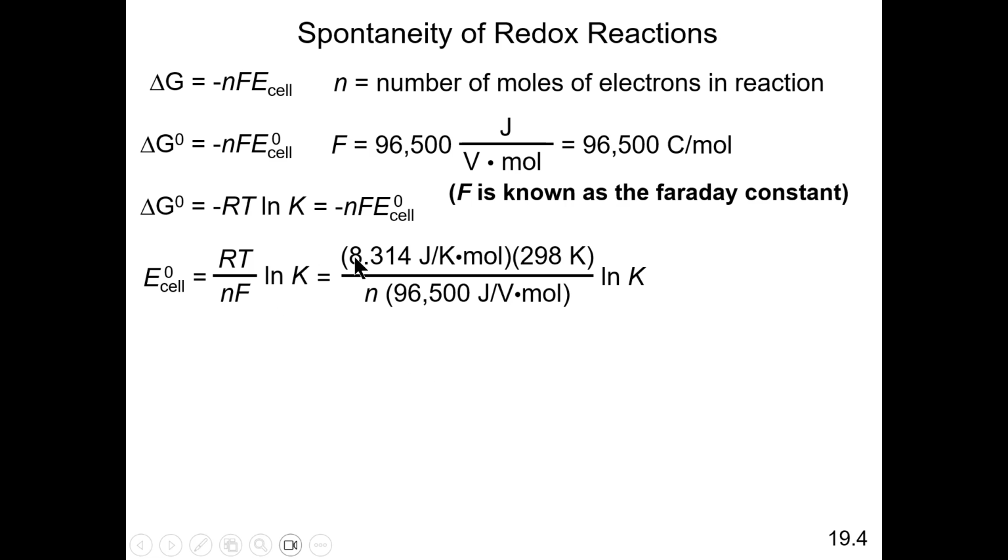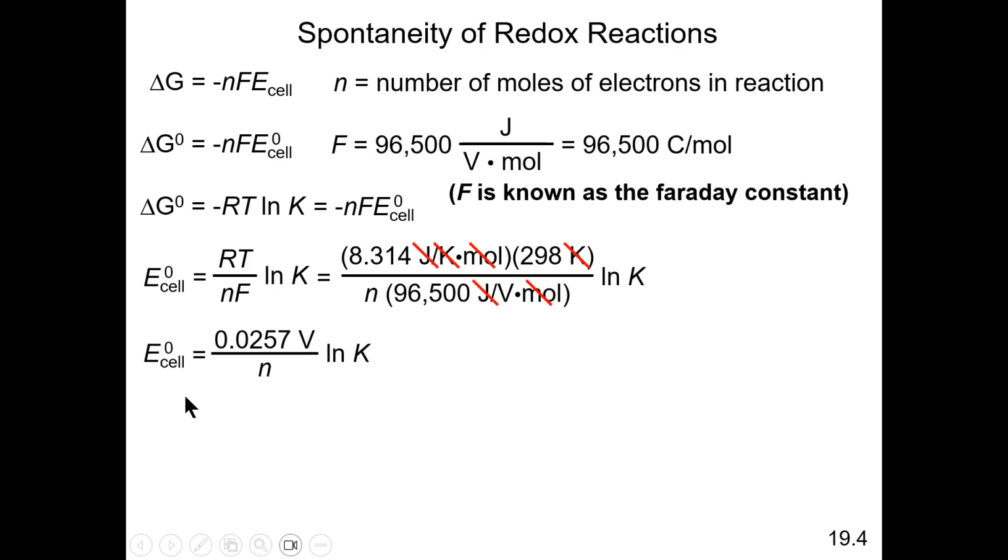If I put in the values for these constants into this equation, we end up with this. This is just showing you the units canceling. All the units will cancel, excepting the volt unit. So you're going to end up with this right here.